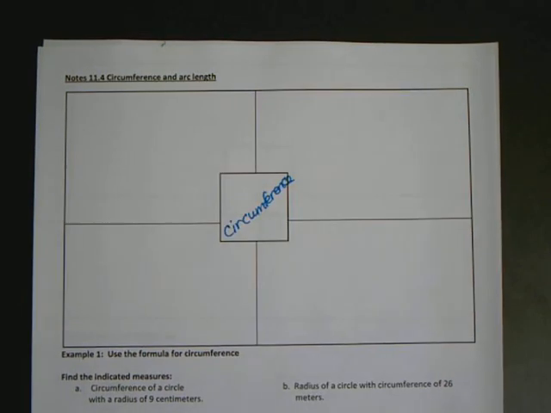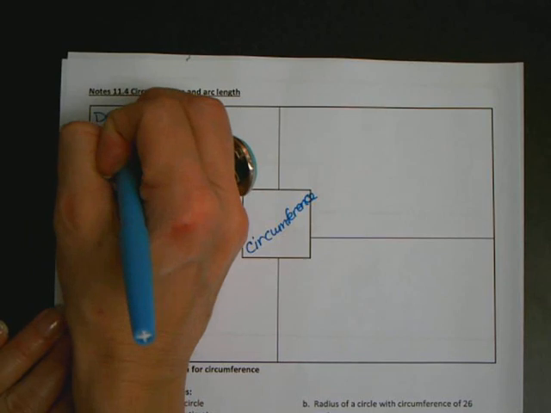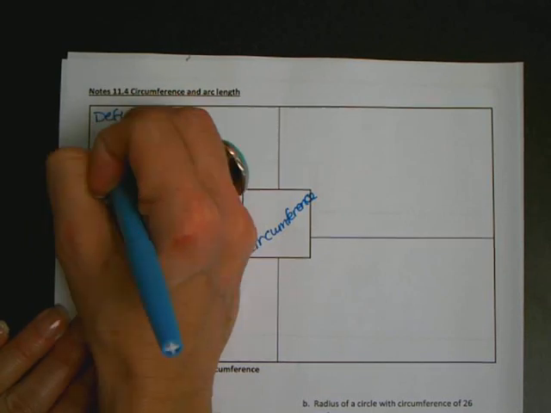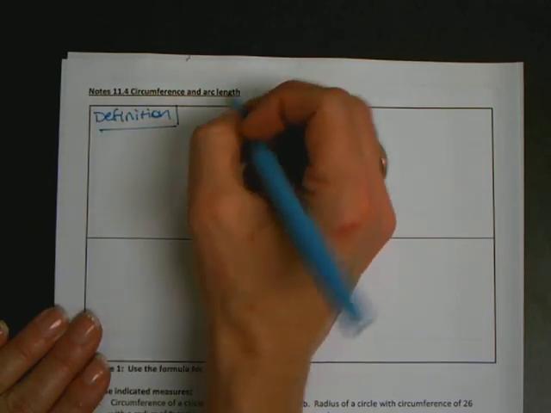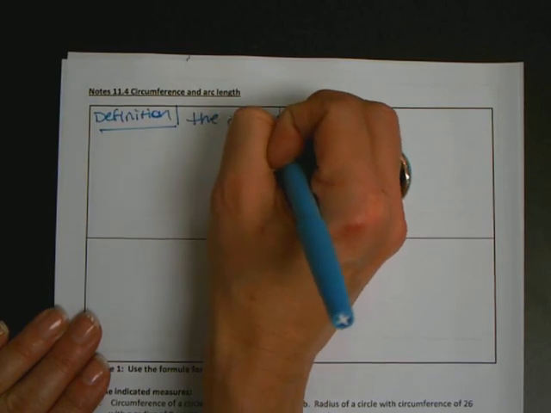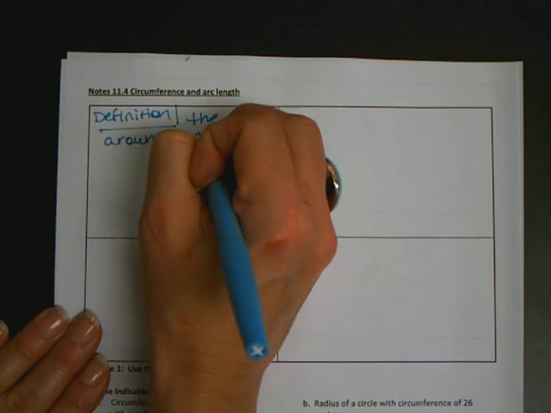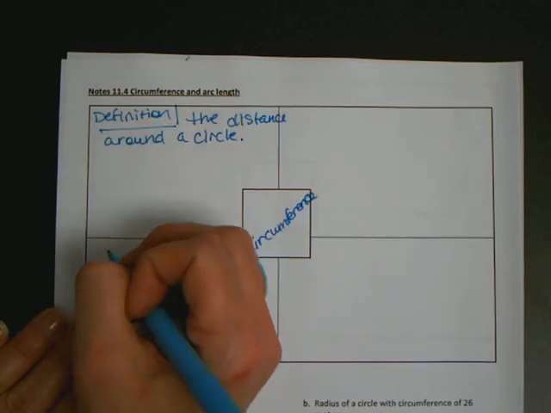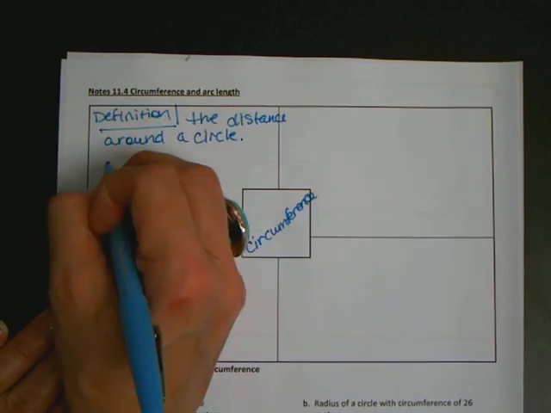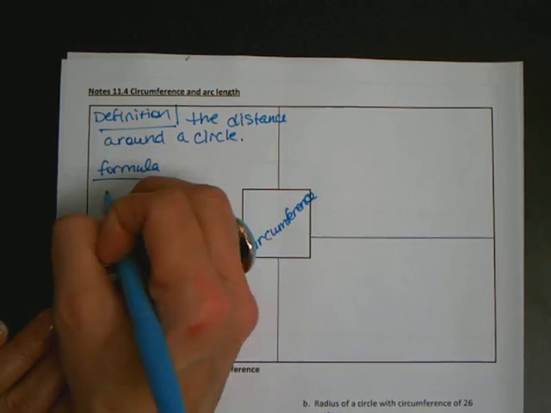All right, so our definition of circumference is the distance around a circle. And you've got two formulas for this. The first formula, you can use the radius.